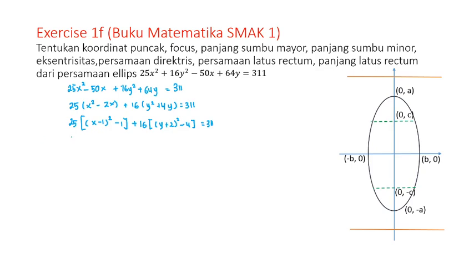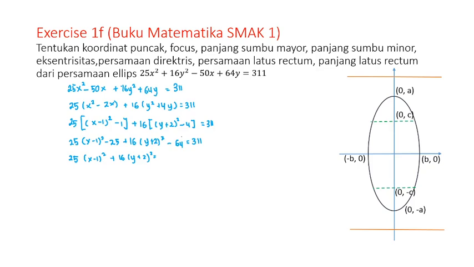After that, you multiply it inside: 25 with minus 1, minus 25, plus 16 (y plus 2) squared minus 64 equals 311. Then I have 25 (x minus 1) squared plus 16 (y plus 2) squared equals 311 plus 25 and 64, which is 89.